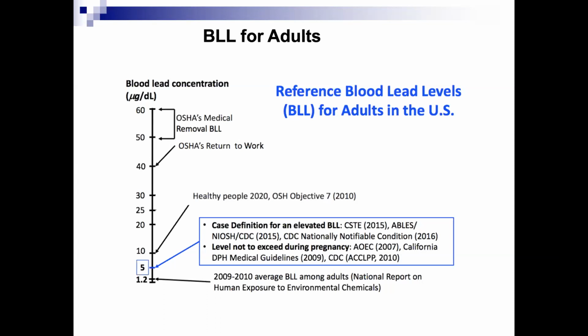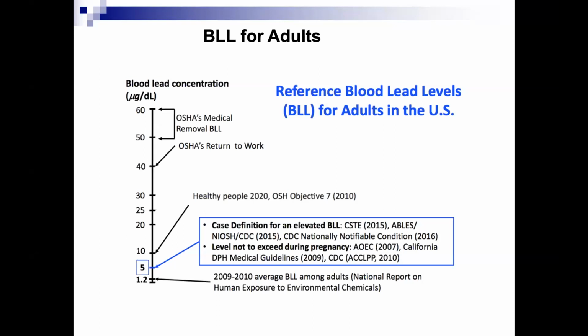So you can see that the OSHA lead in construction standard, the general industry standard, came out in 1978 based on 1960 science. The full interim construction standard came out in 1992 or 93. And since that time, it is well studied and well known that levels much below 40 cause negative health impacts.